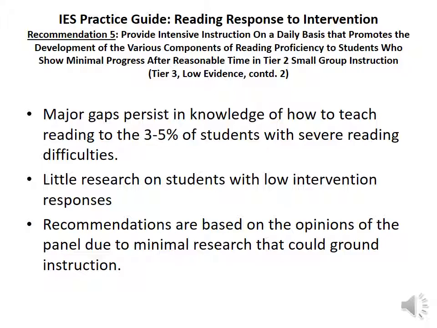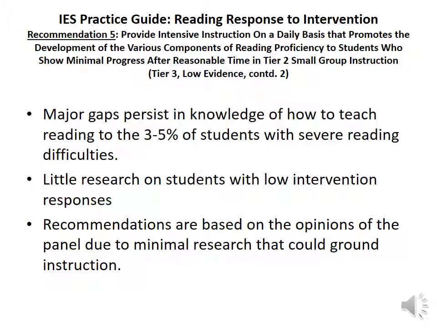In other words, this is talking about Tier 3 interventions, those who did not respond well to Tier 2 interventions and what you can do about it. There is low evidence. Most of the information here is based on theorists' opinion and some studies, but it still is considered to be research-based and is worth using.